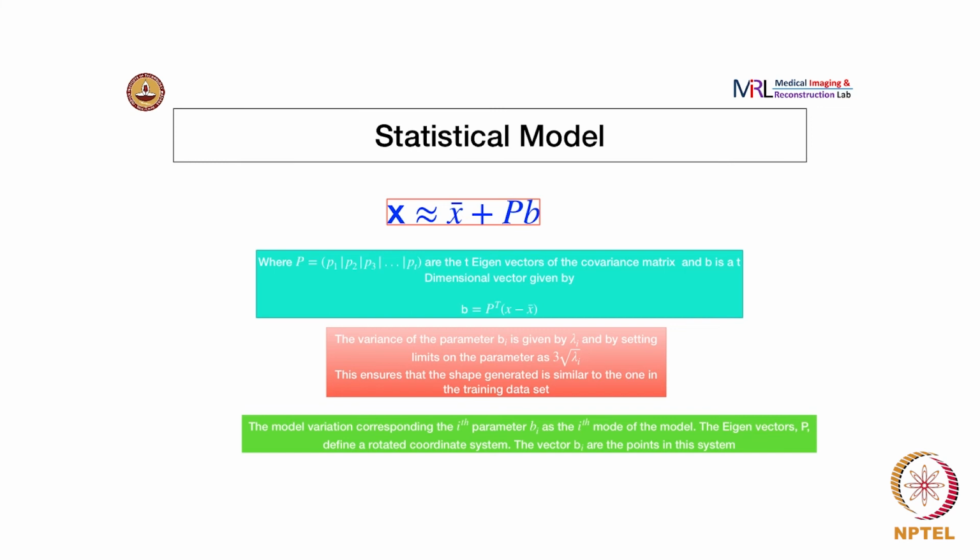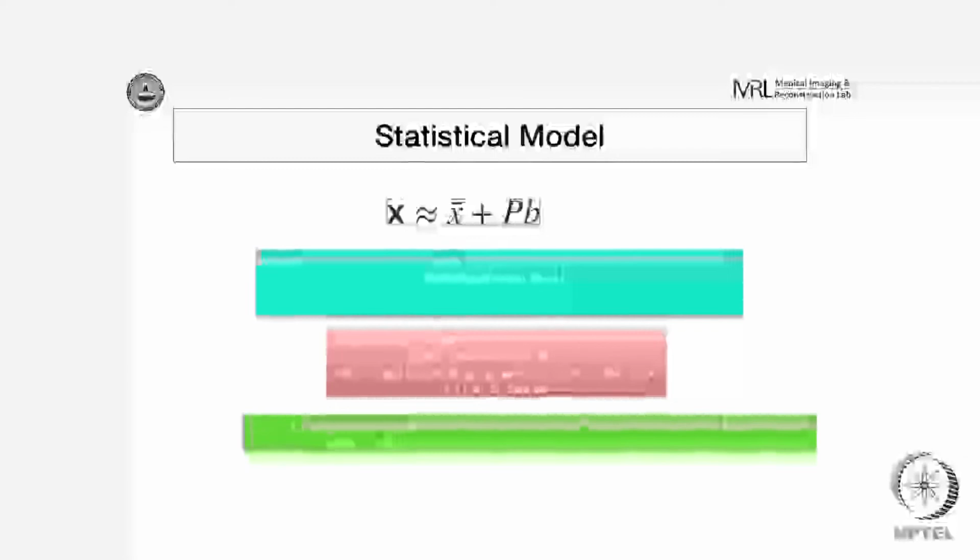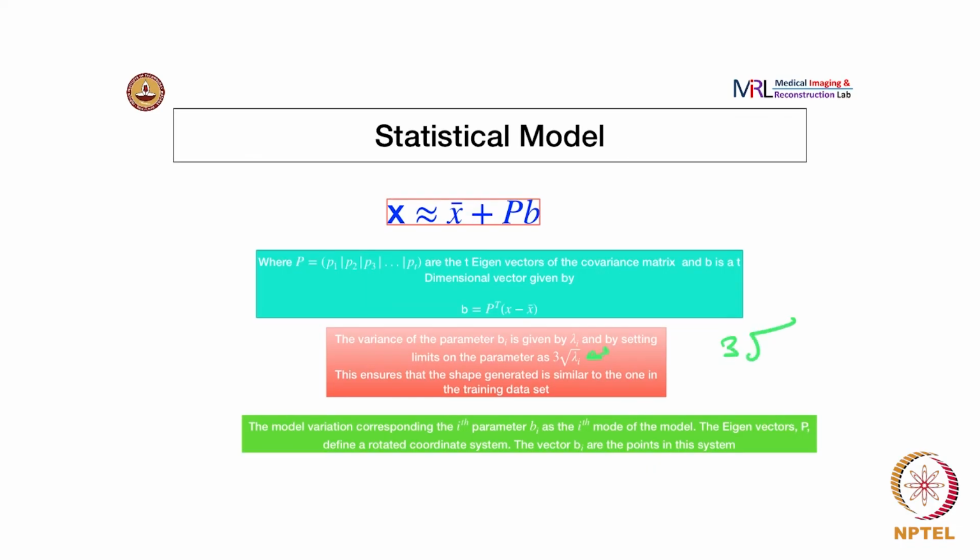So what this PCA also gives you is this parameter, 3 times the square root of lambda i, for every b_i corresponding to an eigenvector. This is actually 3 times the standard deviation, if you think of it that way, so that we know how much b_i can vary. That gives you some limit. You can't arbitrarily vary b_i, so you make sure that you always vary b_i within these limits. That's a good way to adjust shape.